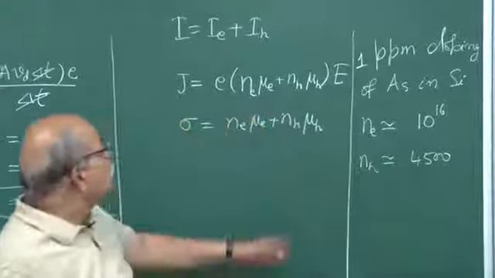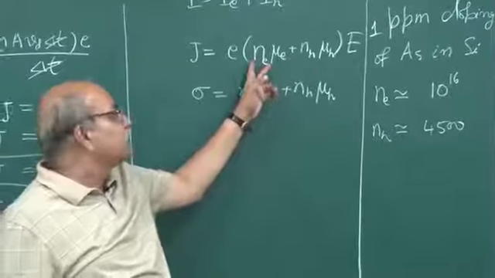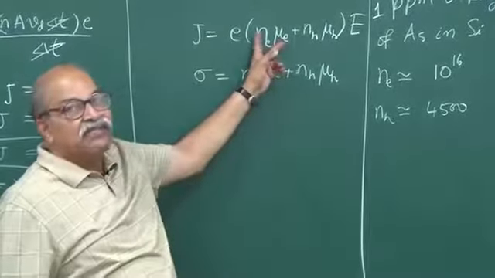So the number of holes is so small as compared to the number of electrons that the contribution is coming only from this part.